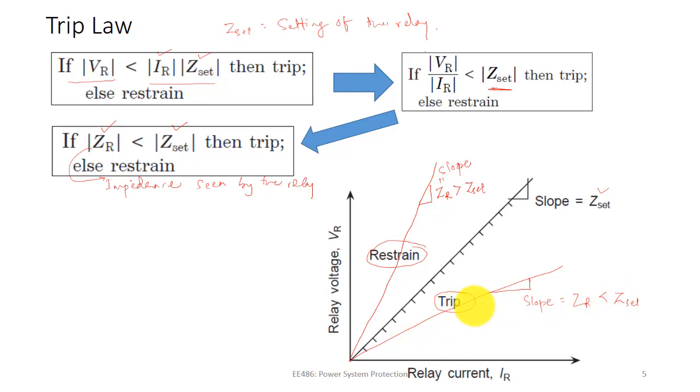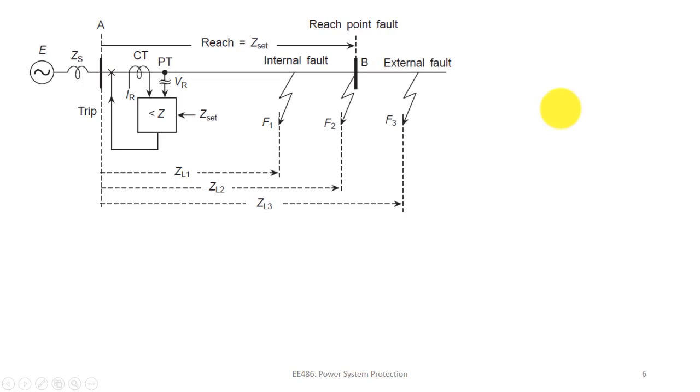So this region will be your trip region and this region will be your restraining region, right? This is when we plot between VR and current IR. Now let us plot the impedance seen by the relay in the R-X plane, which we call the impedance plane.